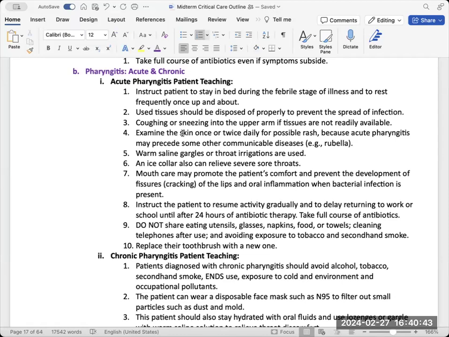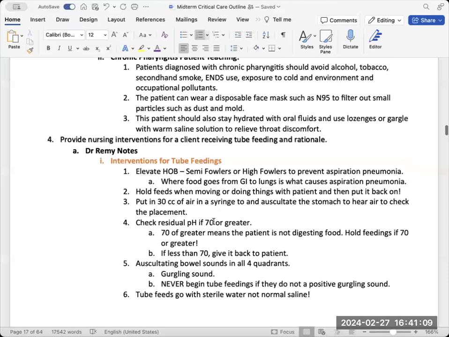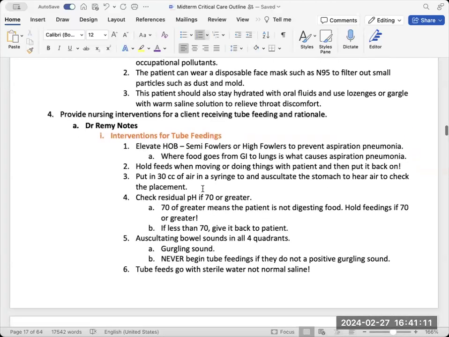We make sure that they do not go back to work until 24 hours after antibiotic activity, because if antibiotics are not in your system for 24 hours or more, you still can spread the infection. You also don't want to share anything like utensils, anything that you put your mouth on or touch yourself with, and make sure that you replace your toothbrush as well. Those are just some different interventions for pharyngitis because it's an infection.